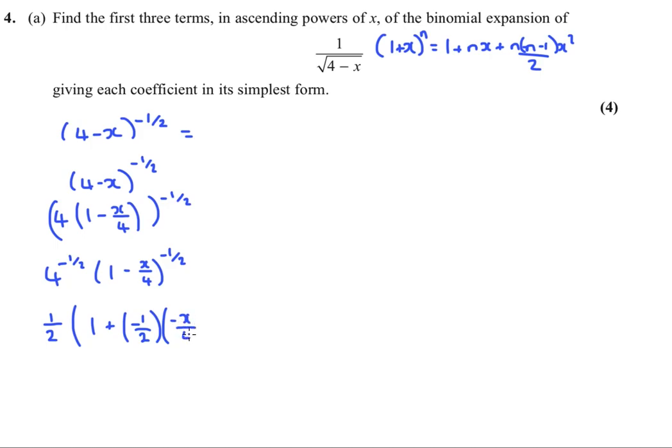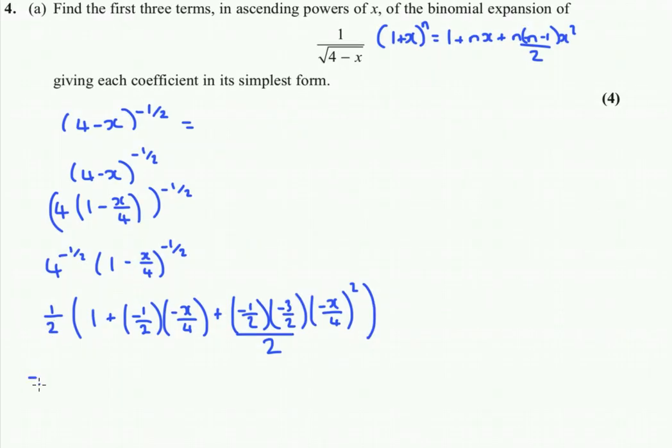And I like to write everything out with brackets first and simplify everything afterwards, just so that I know I'm going to get my method marks and not make a silly mistake with the signs and things like that. So the next term then is going to be n times n minus 1 times x squared and divided by 2.